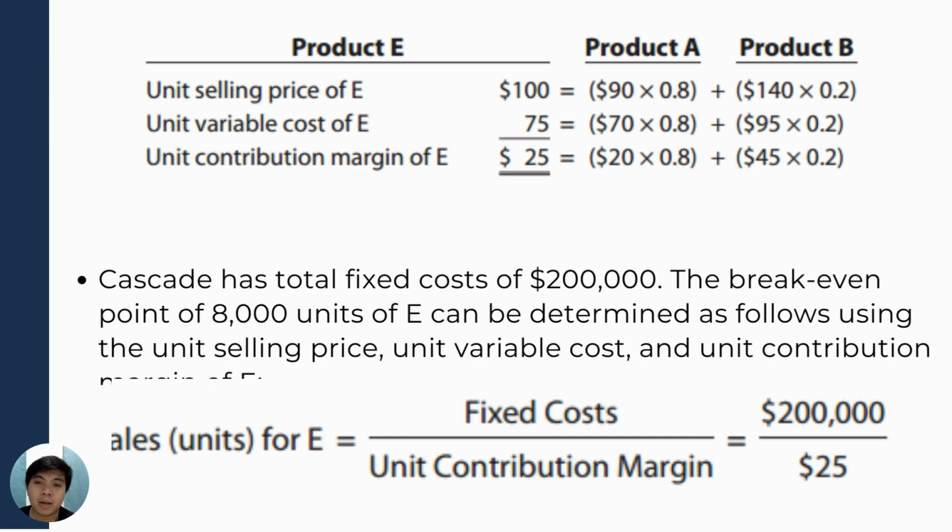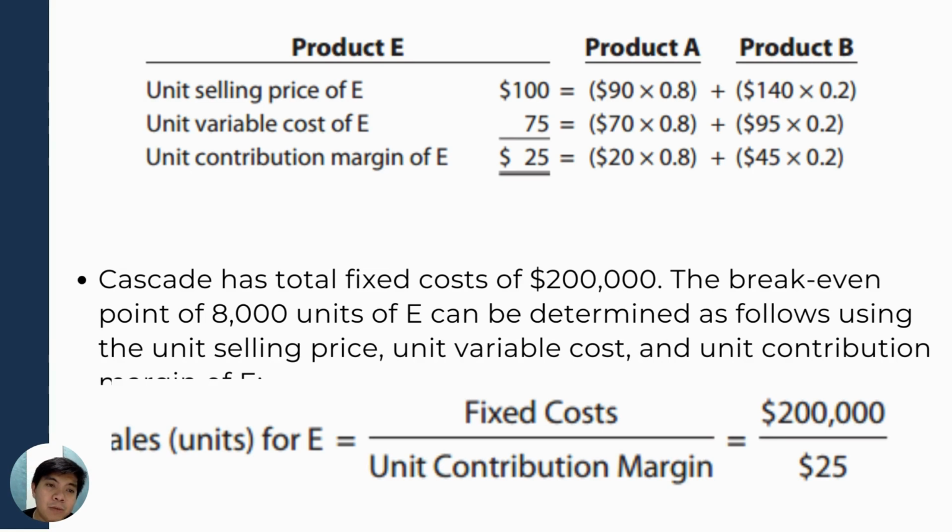For Cascade Company, the unit selling price, unit variable cost, and unit contribution margin for E are computed as follows. For break-even analysis, it is useful to think of products A and B as components of one overall enterprise product called E. The unit selling price of E equals the sum of the unit selling prices of each product multiplied by its sales mix percentage.